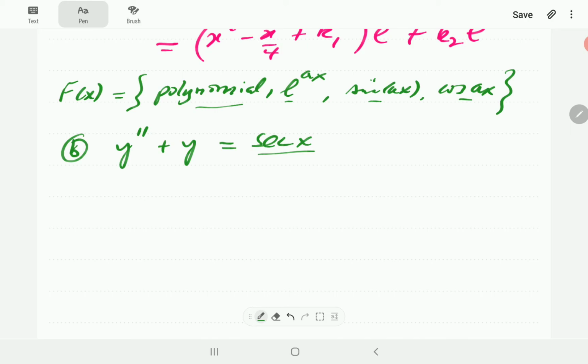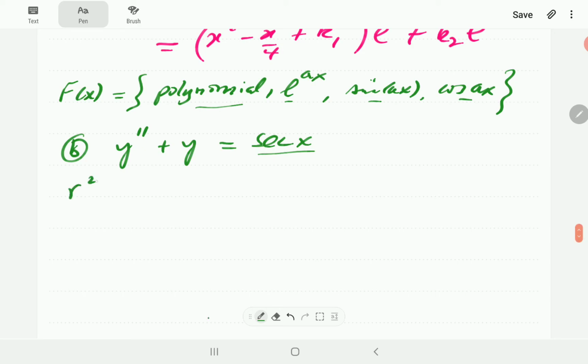For part B, we've got secant, which is not one of these. Secant is the reciprocal of cosine. So only the method of variation of parameters is going to work for this one.